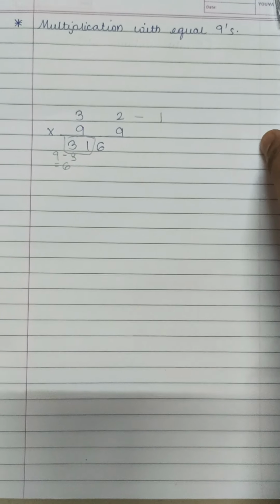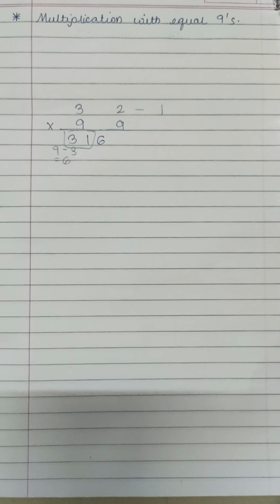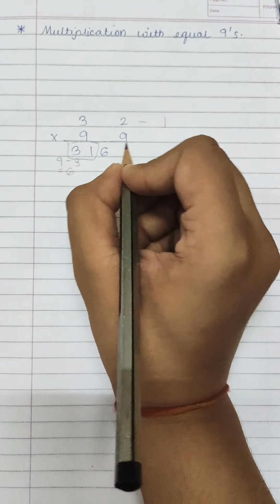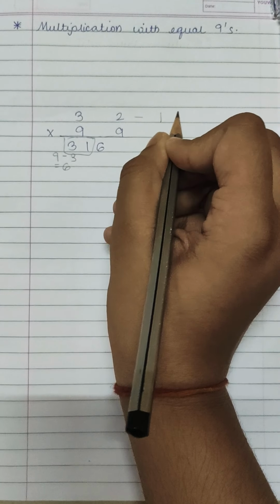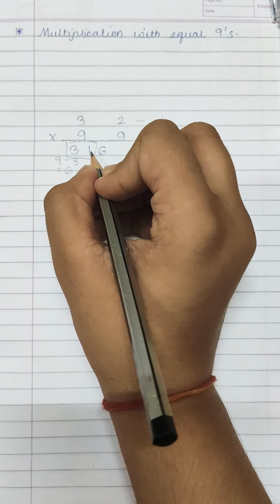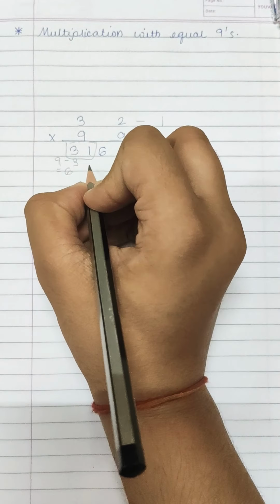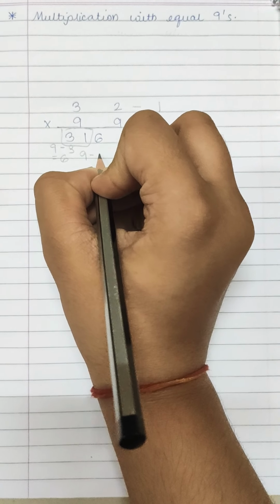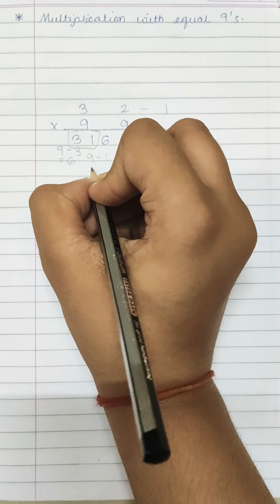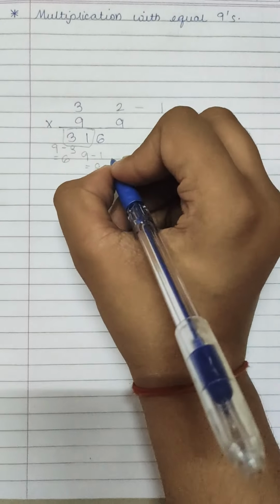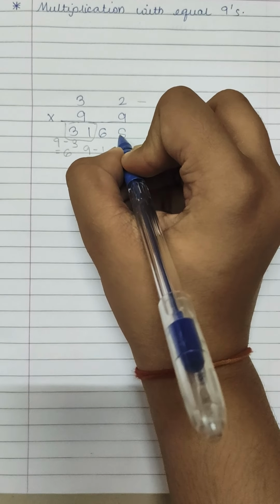After you write 6 over here, now 1 also you have here, the answer which you got in this subtraction. So now this one we have to subtract 9 subtracted by 1. So the answer will be 8. Here will be 8 then.